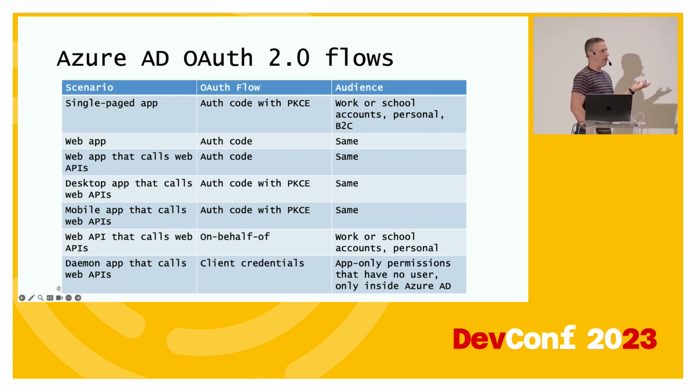So first up, a single page app. Well, we do have a single page app, right? There was the Angular app at the front that was talking to our backend for front end, but that thing was using Auth0 for its authentication flows, so we were going to re-implement that in our backend systems. It's not a web app. Is it a web app that calls web APIs? I mean, kind of.